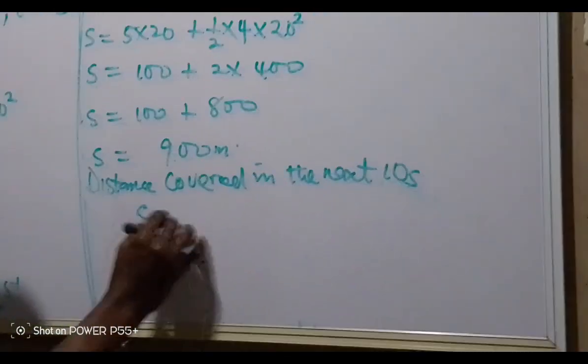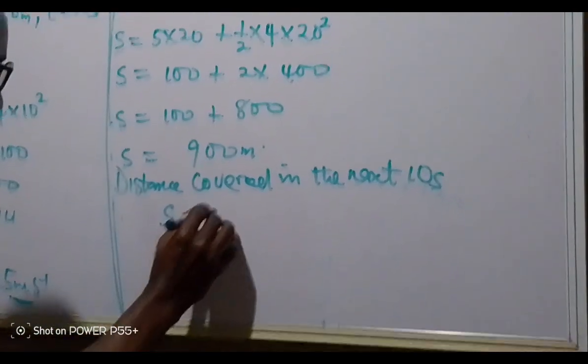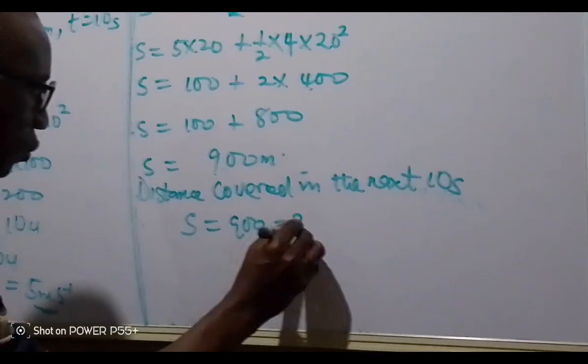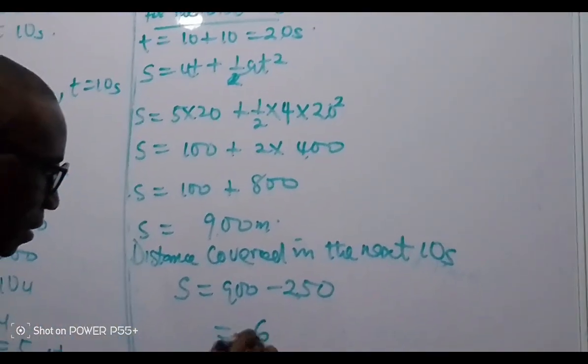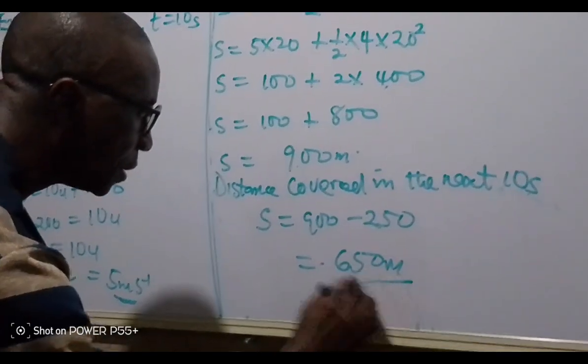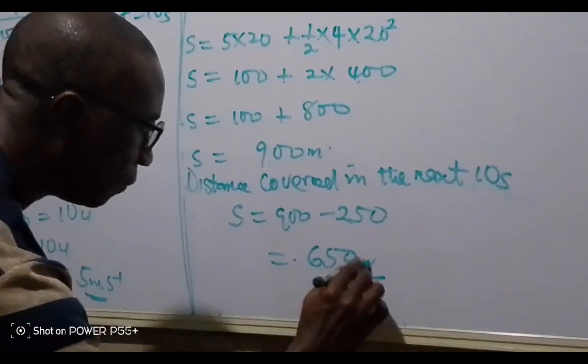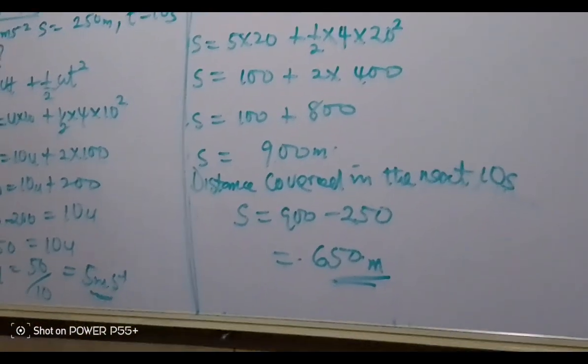So for the next 10 seconds, it will be equal to 900 minus 250. And this one will now give us 650 meters. That will be the distance covered for the next 10 seconds.